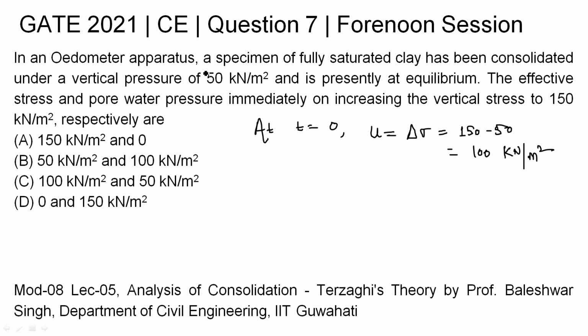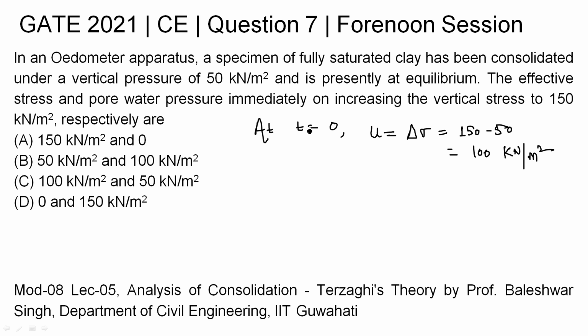Initially the soil was subjected to 50 kN per meter square, and the stress increases to 150, that is the incremental load is 150 minus 50. So we can say the incremental vertical stress is 100 kN per meter square.